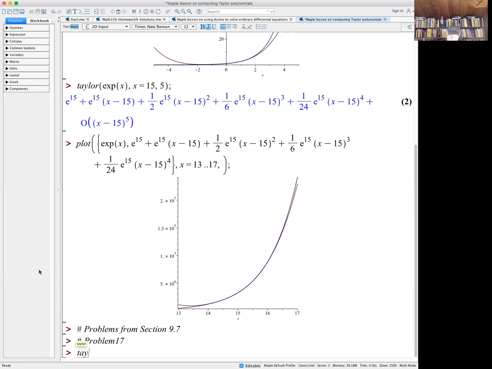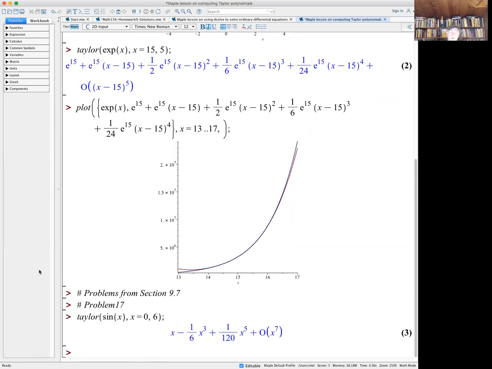We want the Taylor polynomial for the sine of x. This says a Maclaurin series, so that means around x equals 0. And we want the polynomial of degree 5. So we have to look at the first 6 terms.